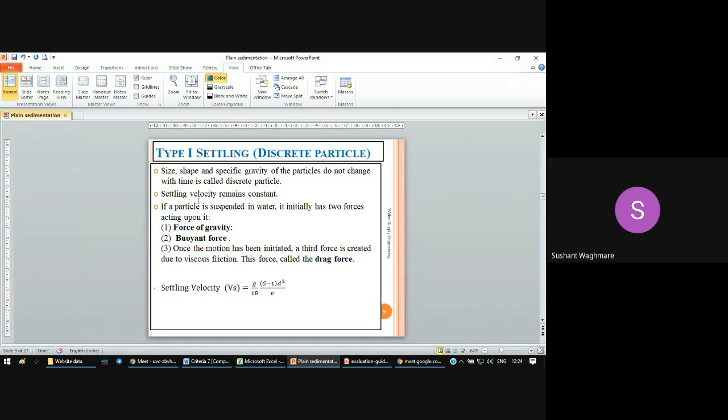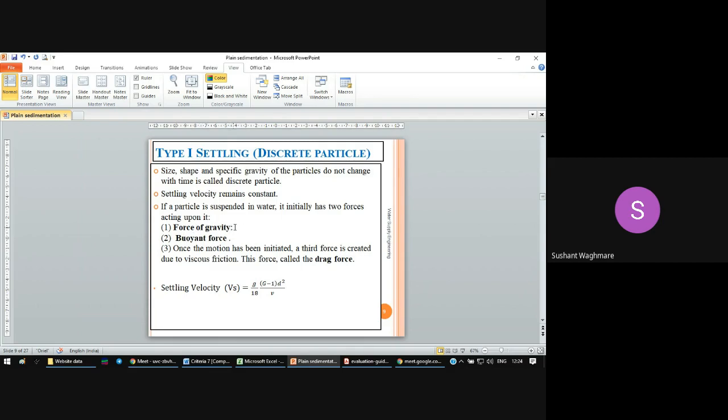Now next, in case of discrete particle settling, the settling velocity will also remain constant. Now any particle which is suspended in water has two forces acting on it. One is the force of gravity.